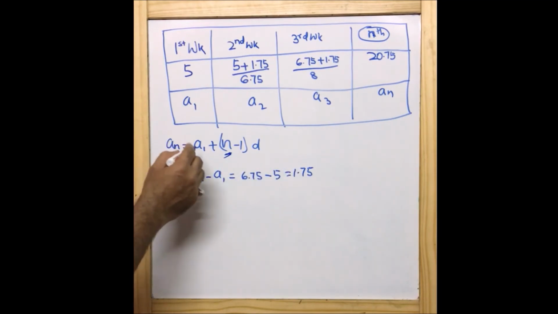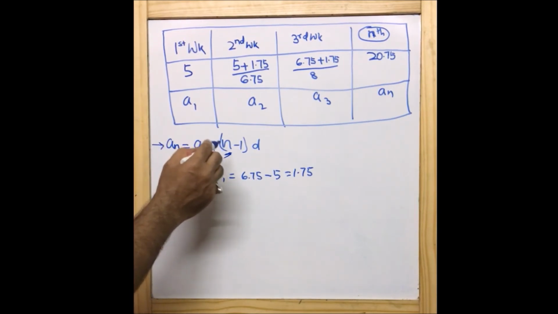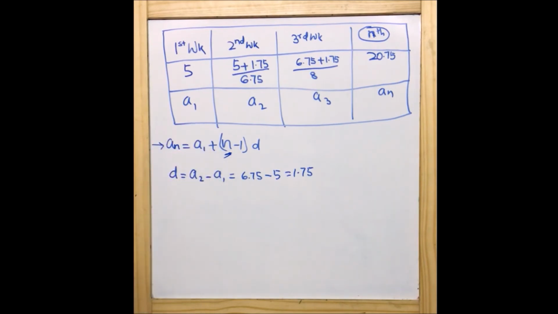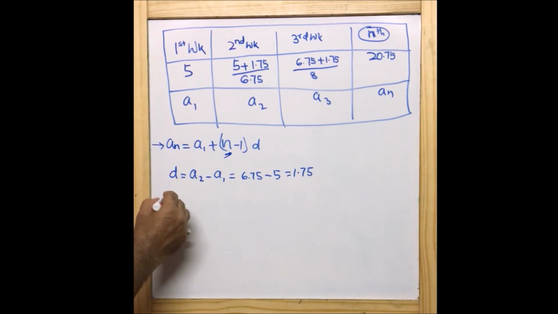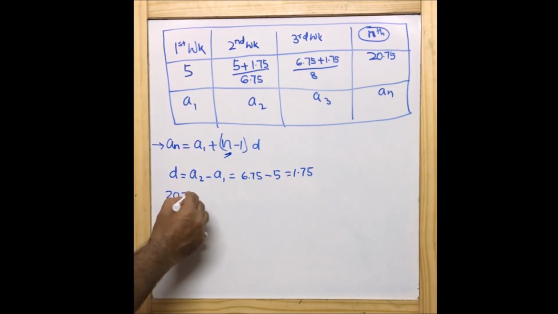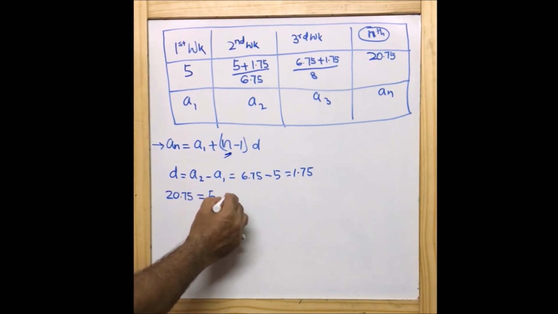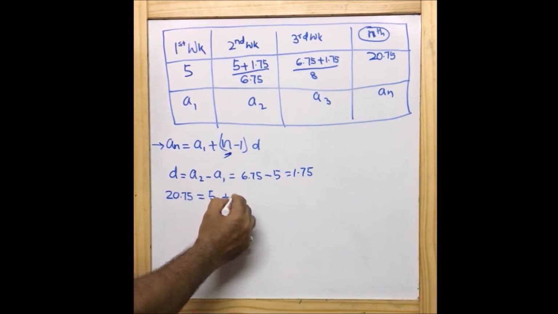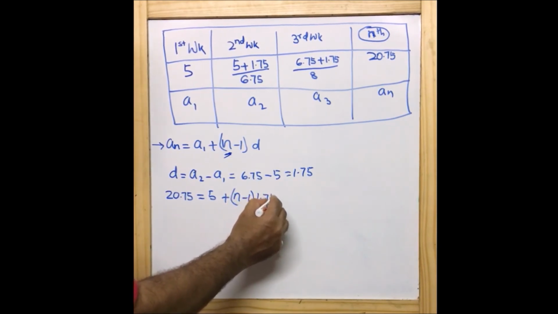Now let us put the things in this equation and find out what we get for the value of N. Here I can write 20.75 is equal to A1, which is 5, plus N minus 1, we don't know N, we are going to find out N, into 1.75.